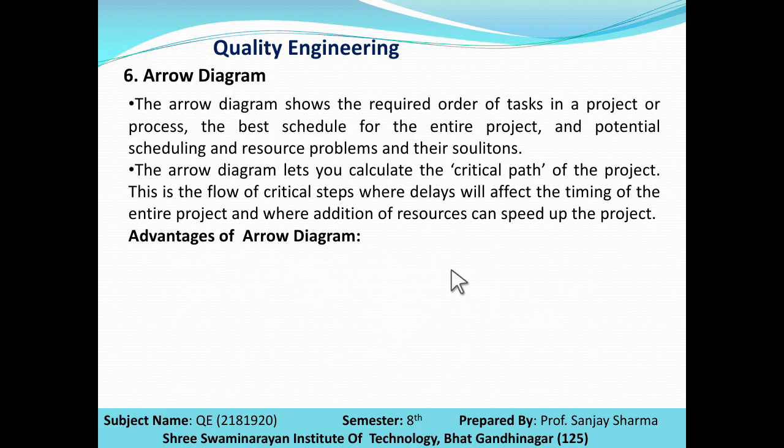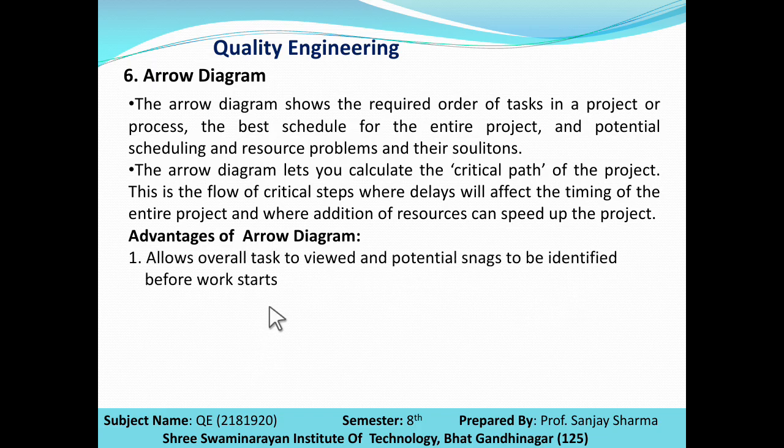Now what are the advantages of the arrow diagram? It allows the overall task to be viewed and potential snags to be identified before work starts. So before you start the work, it identifies the path, the tasks, and the potential snags. It also identifies the time to be taken to complete the production line.